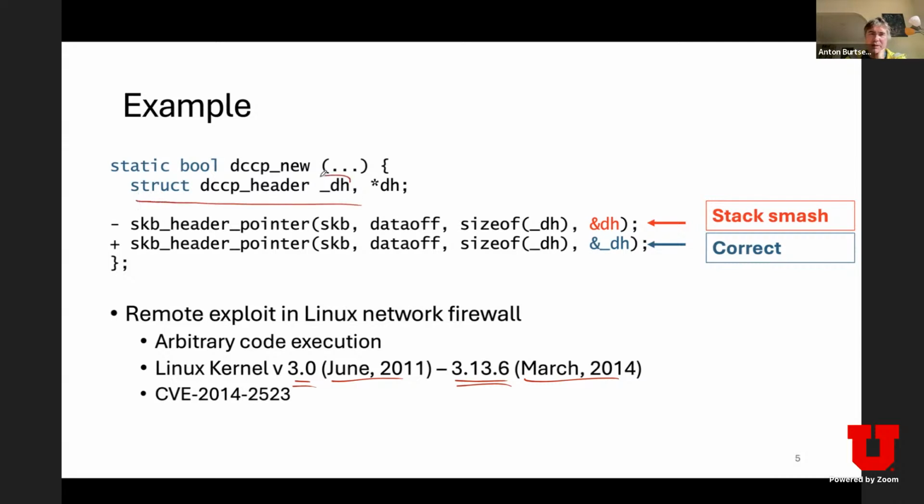One declares the data structure itself on a stack, and another one is a pointer to that data structure. And this function, skb header pointer, should take a pointer to the data structure, but the developer accidentally sends a pointer to the pointer, right? And that's incorrect, which results in a stack smash attack.